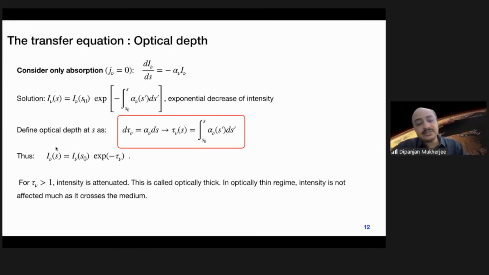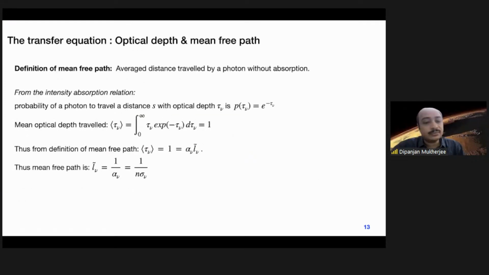So the probability, this divided by this, is exponential minus tau nu. The mean optical depth traveled is found by integrating over the variable of the probability distribution, which gives 1.